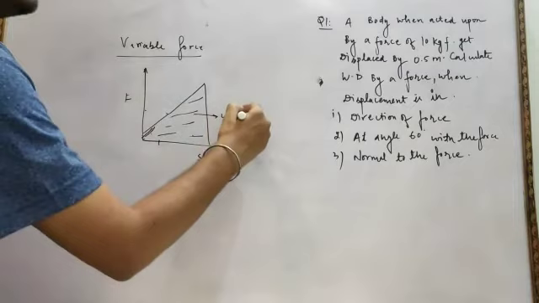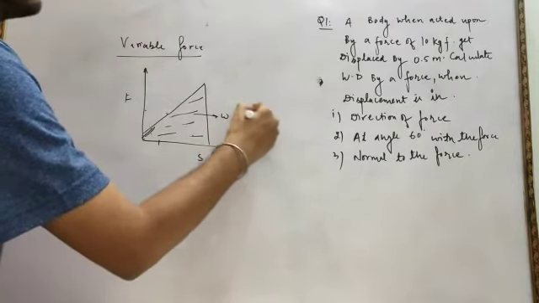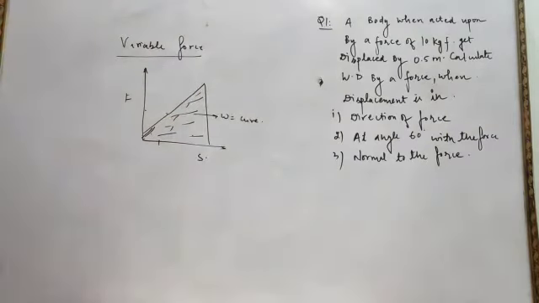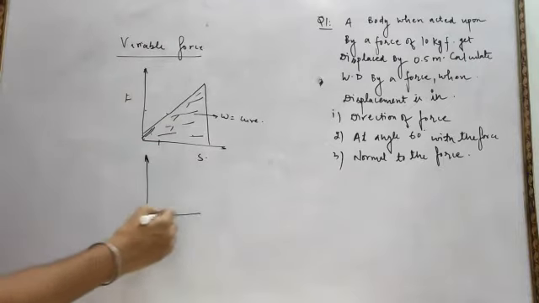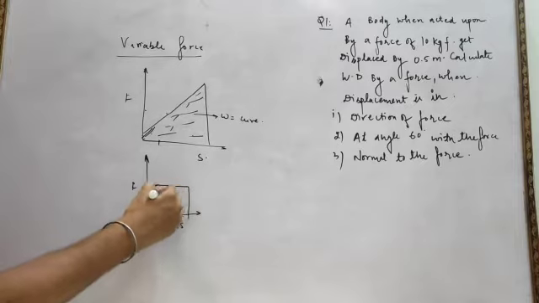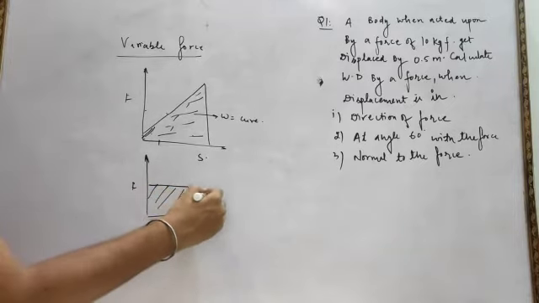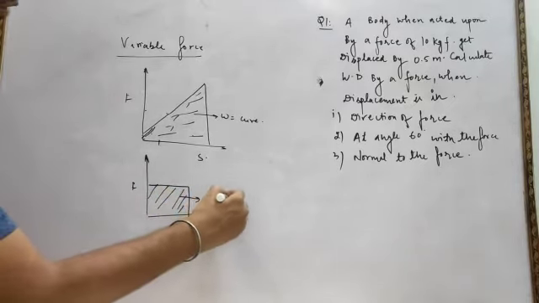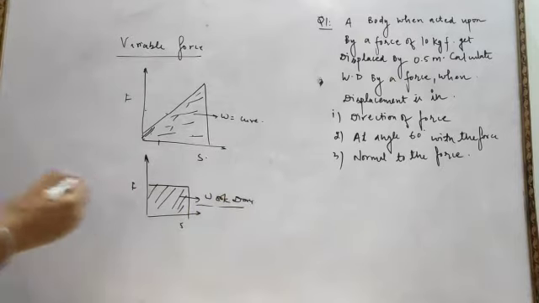The work done will be the value of the area of this curve or this triangle. So in a force-displacement curve, the area under the curve represents the value of work done.